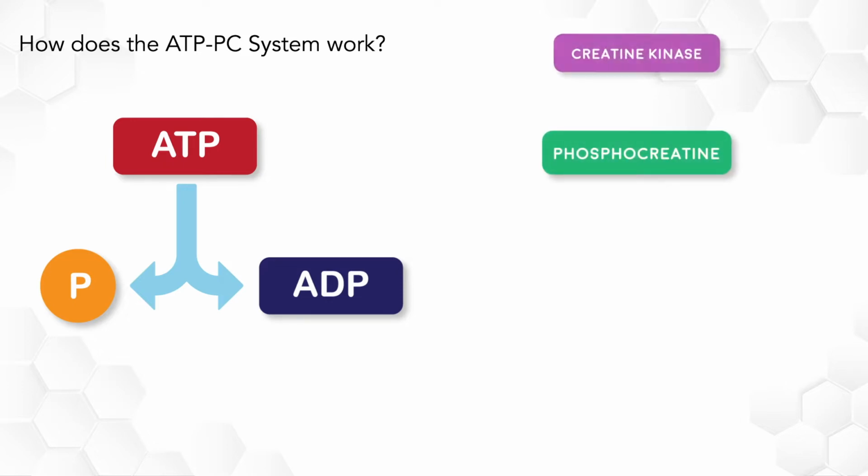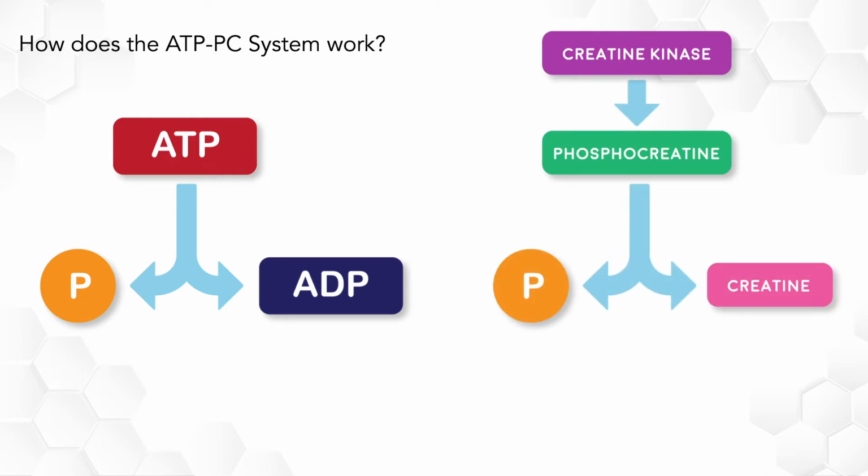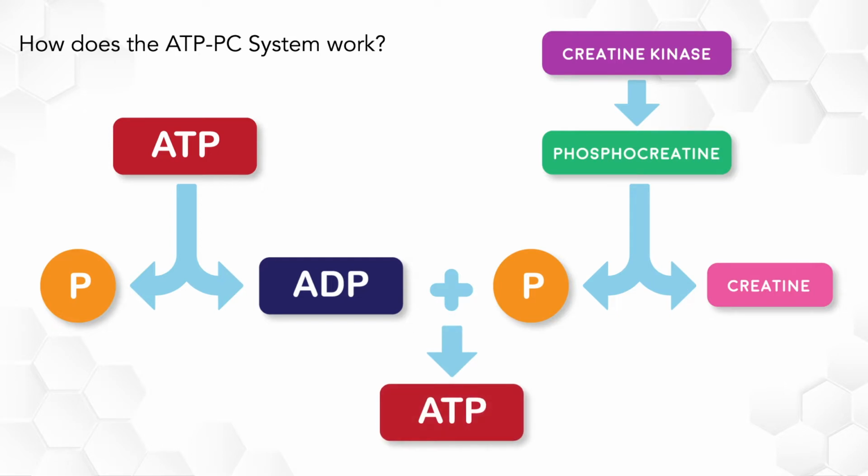Phosphocreatine is then broken down by the enzyme creatine kinase into creatine and phosphate. The energy released in the breakdown of phosphocreatine allows ADP and the phosphate to rejoin, forming more ATP. This newly formed ATP can then be broken down to release energy in order to fuel activity.